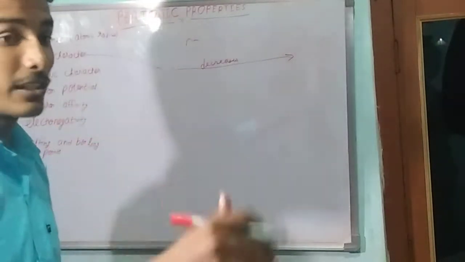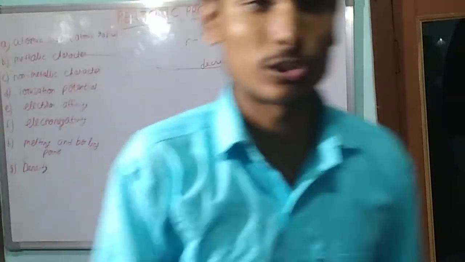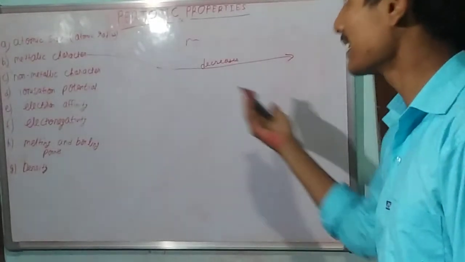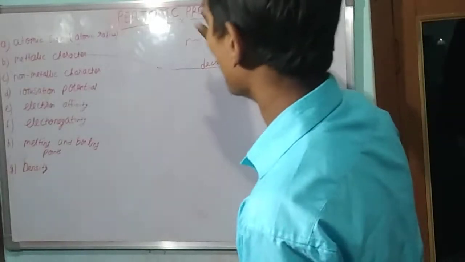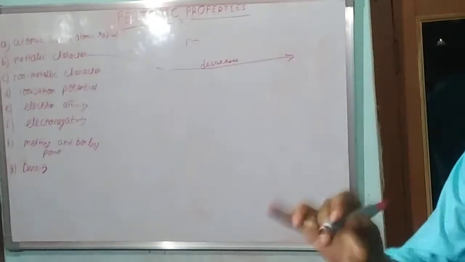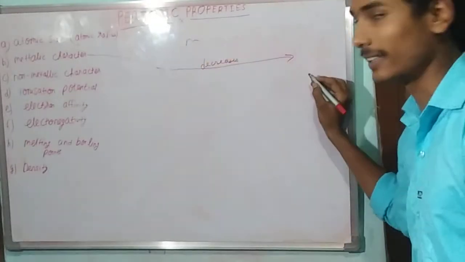It can gain, but it cannot easily lose electrons. As you know, in a period the number of shells remains the same and nuclear charge increases across a period. So metallic character decreases across a period.